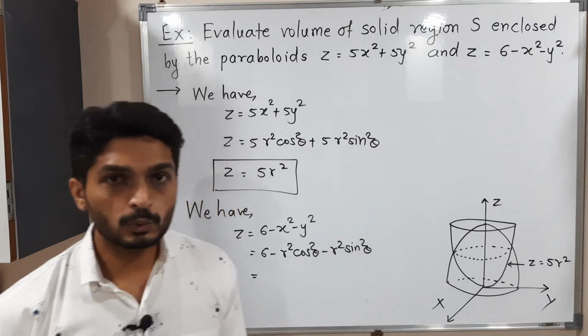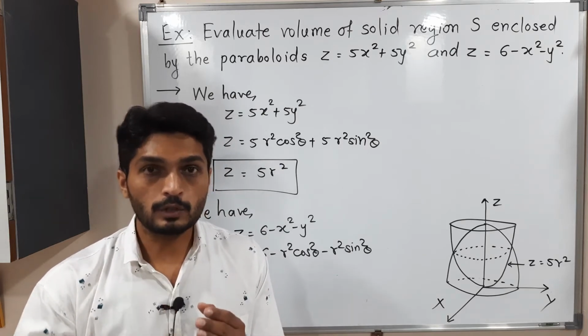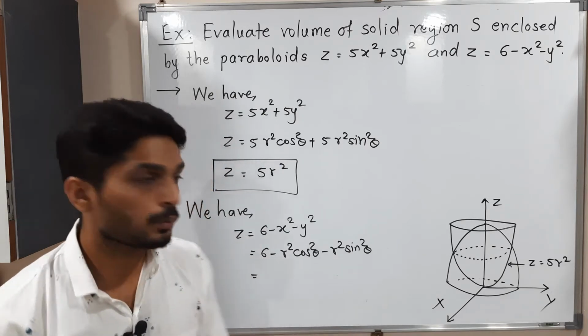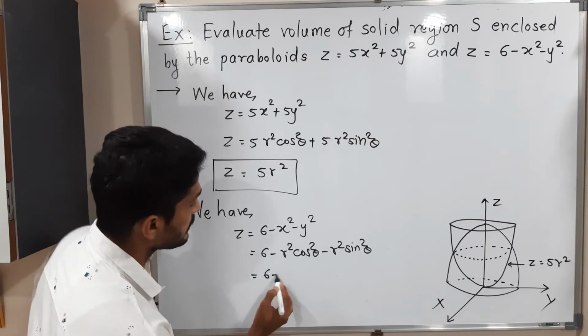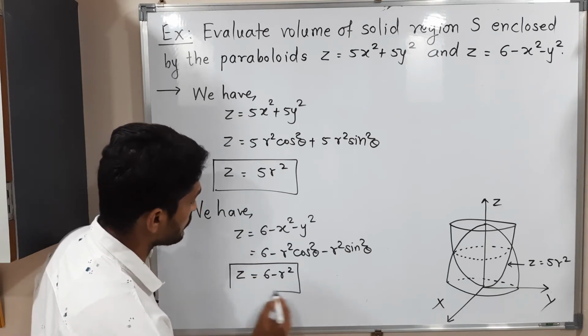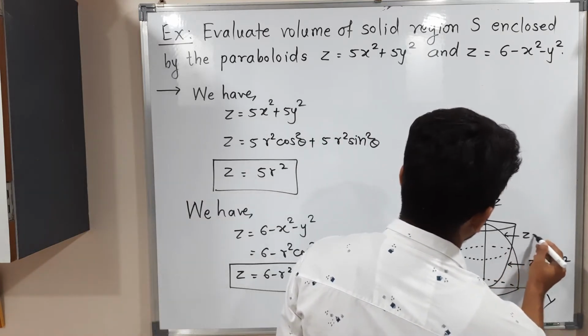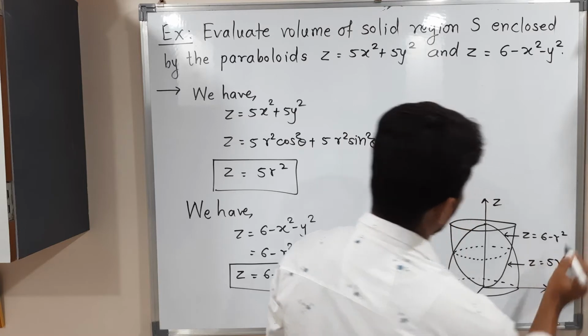From the last two terms, we can take minus r square common, so we have cos square theta plus sin square theta, which is 1. Therefore z is equal to 6 minus r square. So this is the second paraboloid.